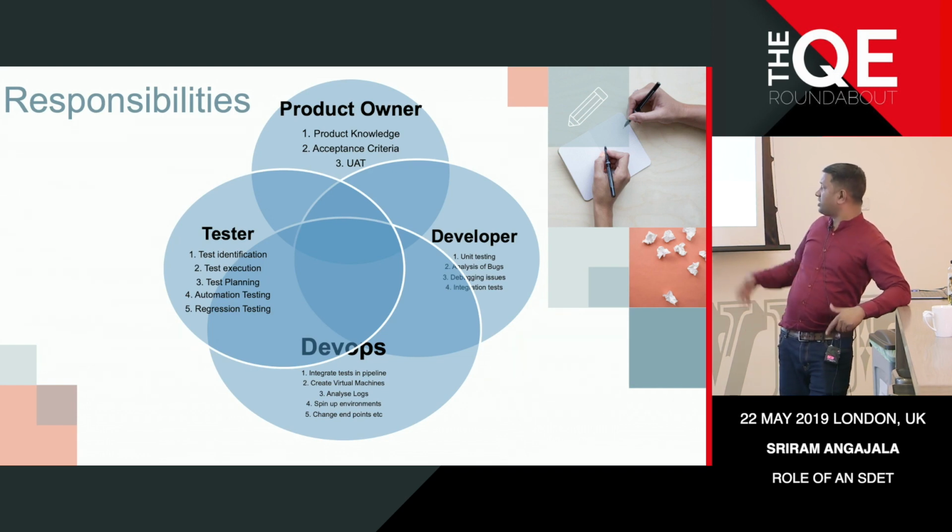Coming to the DevOps point of view, a lot of tools were covered. As an SDET, you need to understand your pipeline, access your virtual machines, analyze the logs, and have your own environment.